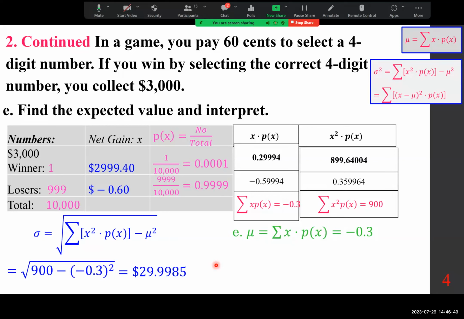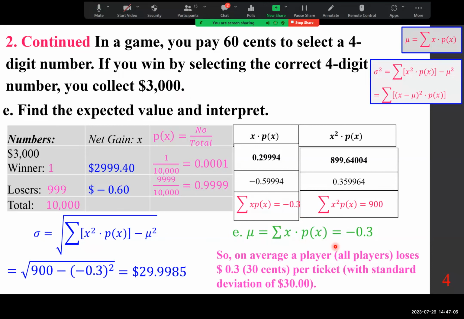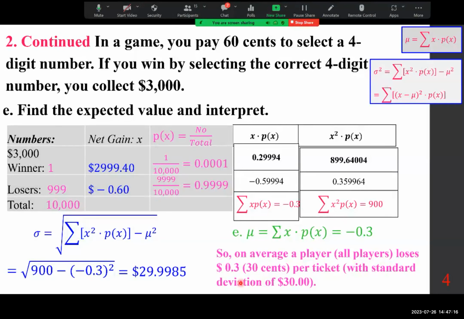Now, the important thing is, so what? What is the meaning of all of this? So if we have a game that pays 60 cents when you select the 4-digit and you win $3,000, what are these numbers? So on average, all players, including the winner, on the average, lose 30 cents or $0.3 per ticket with a standard deviation of 30 bucks.